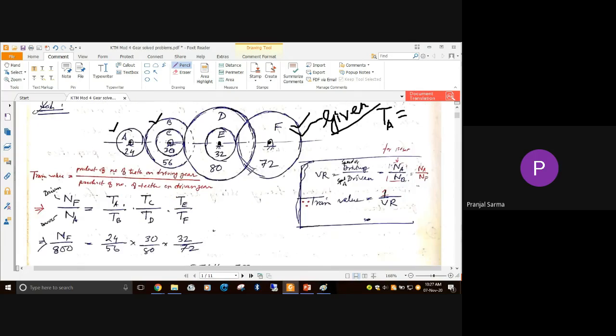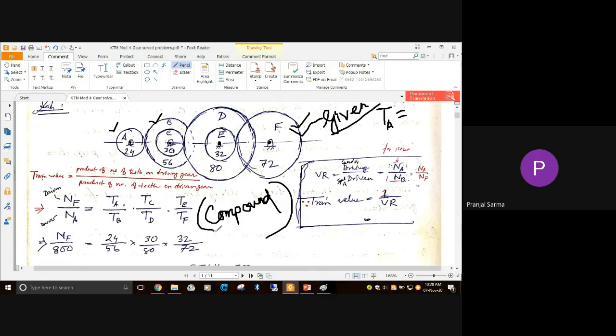If we consider the train value, the velocity we want is NF. So NF by NA, from our previous knowledge, is nothing but the product of all the numbers of teeth on the driving gears divided by the product of all the numbers of teeth on the driven gears, because it's a compound gear train arrangement. Here, as it is compound and not the simple one, the intermediate gears also come into the picture.